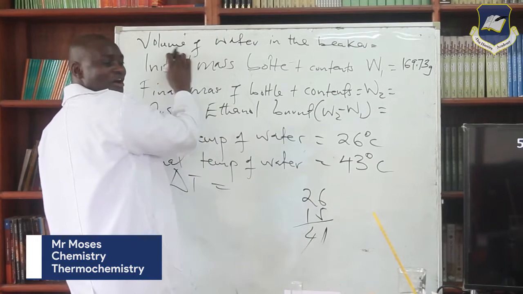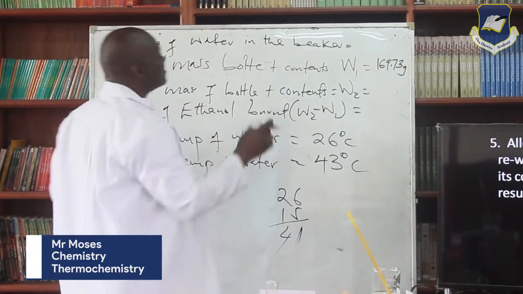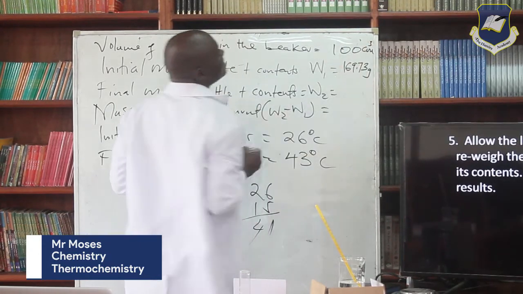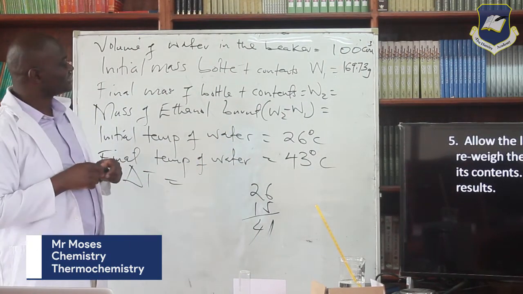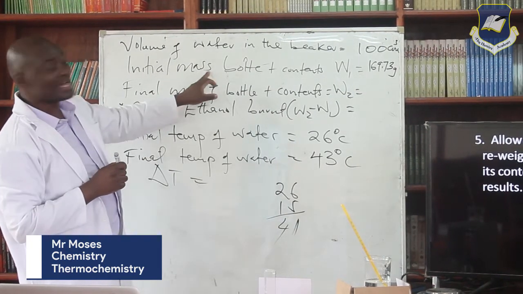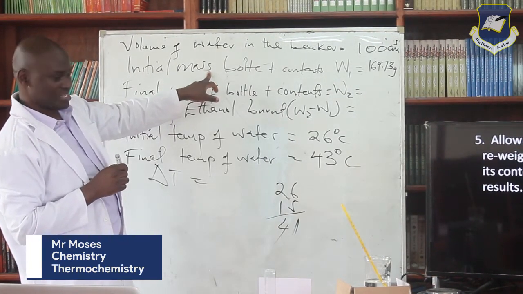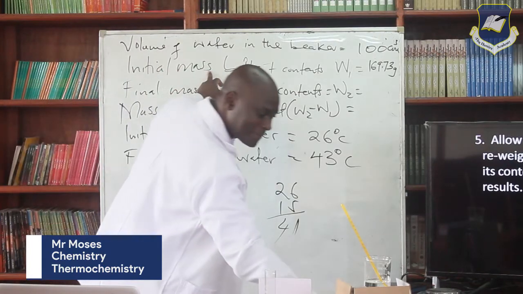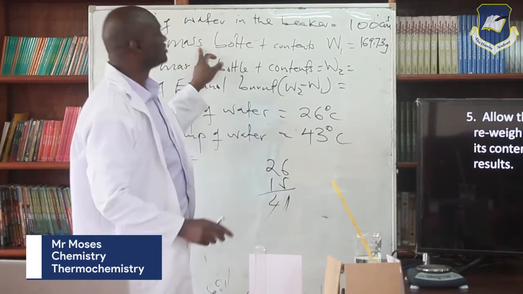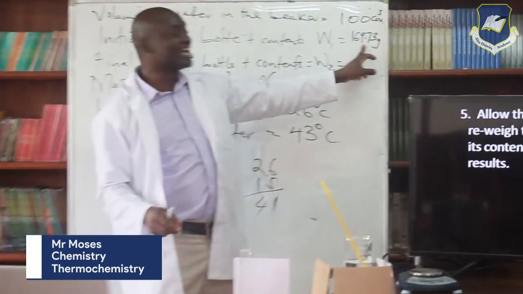Remember, the volume of water was 100 centimeters cubed. The initial mass, which is the original mass of this bottle, we got to be 169.73.